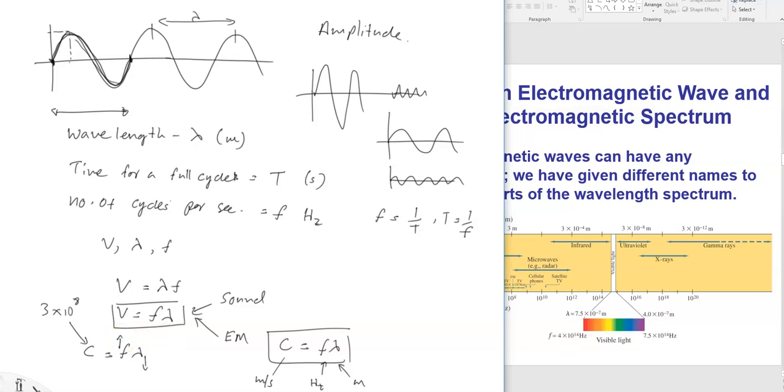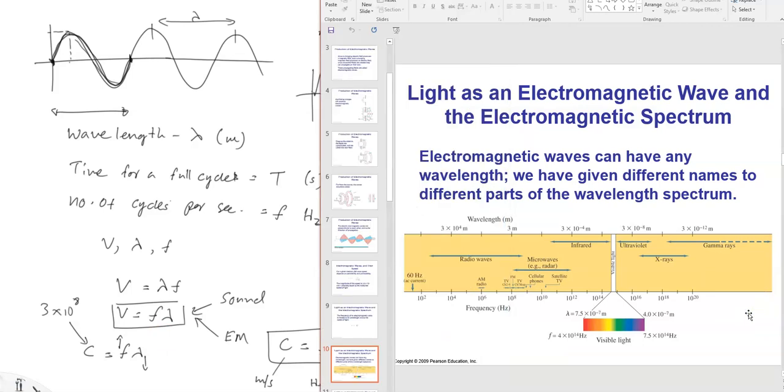Okay, so let's go back to the diagram. See, low frequency, long wave radiation, mostly radio waves, 60 hertz AC current, the household electricity, then AM, and then FM radiation, those radio channels you mostly prefer to listen to.